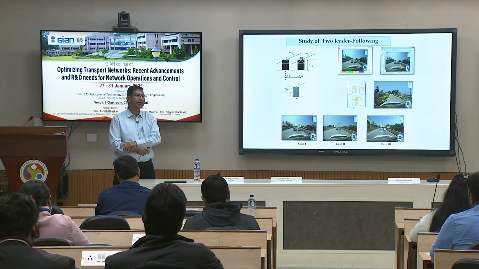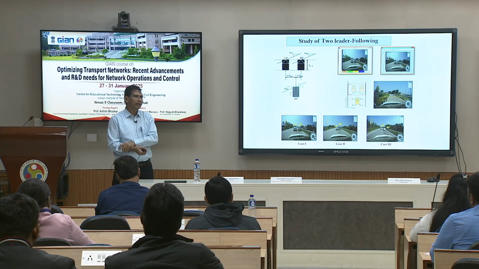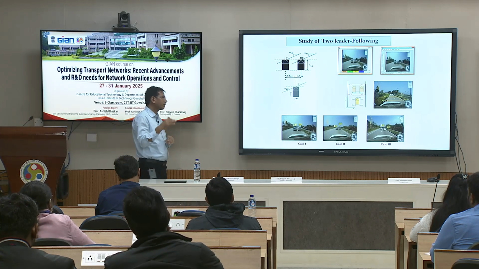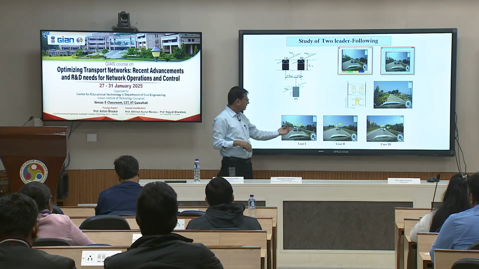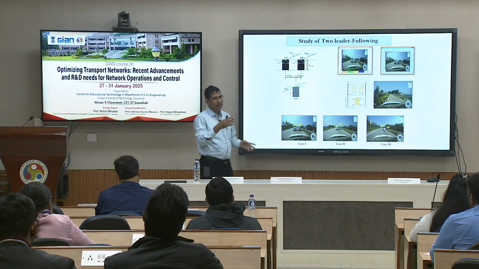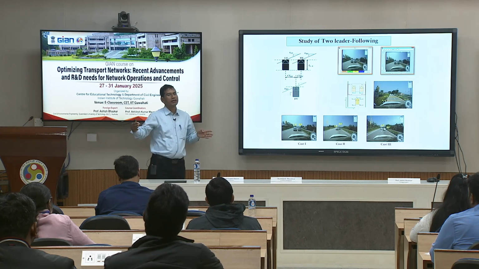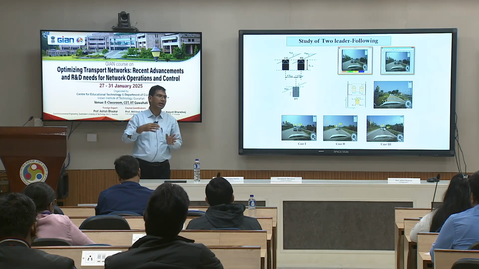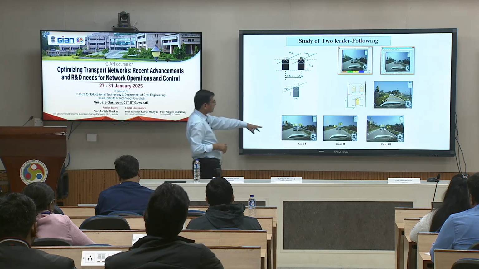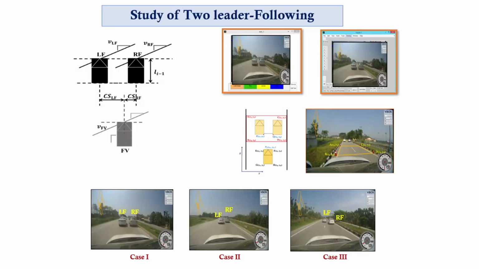The drivers were not aware of what we were doing, but the volunteers were instructing them what speed they have to maintain, because we need, at all speeds, what kind of longitudinal and lateral gap is maintained. Sometimes the left vehicle is ahead, sometimes the right vehicle is ahead, and whether there is a gap change or not. Multiple runs have been taken, so that at least some kind of driver bias gets neglected.